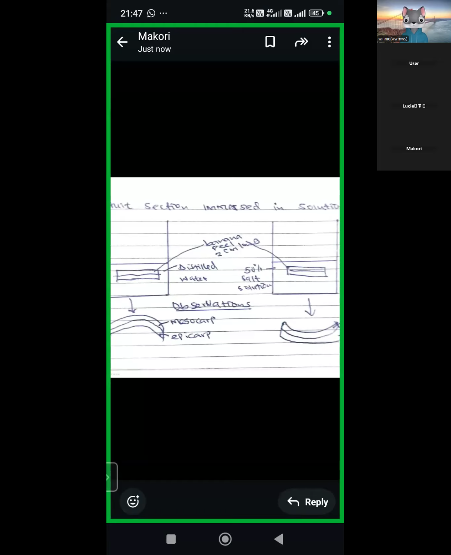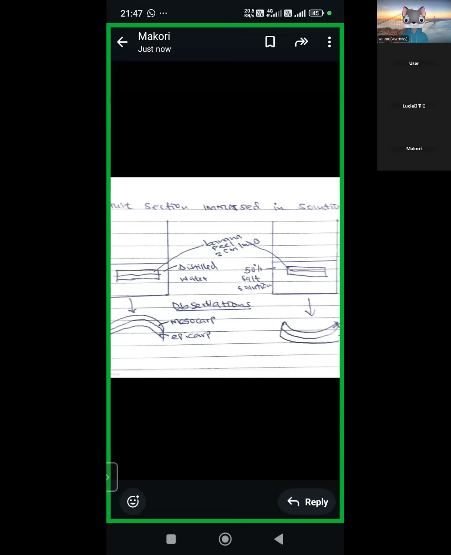It's not all the times that students should use the words epicarp and cortex or cortical cells. For the stem, the terms we are supposed to use are the cortical cells and the epidermal cells. For the fruits, the words we use are the epicarp and the mesocarp.